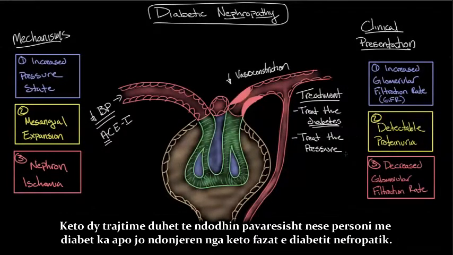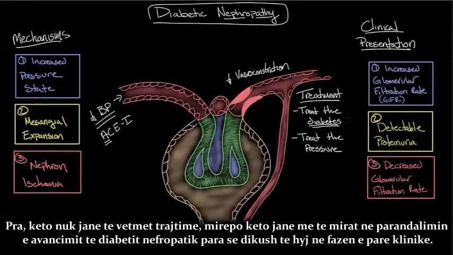And these two treatments should be occurring regardless of whether or not an individual with diabetes is in any of these clinical stages of diabetic nephropathy. So these are not only treatments, but they're also good for preventing the progression of diabetic nephropathy before someone even enters this first clinical stage.